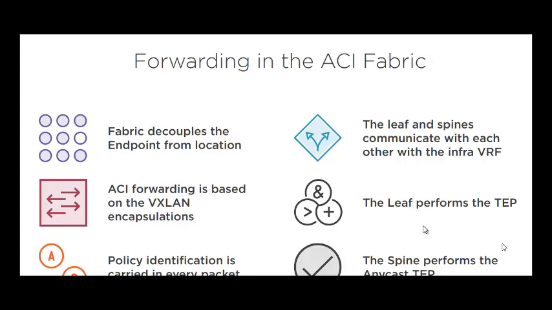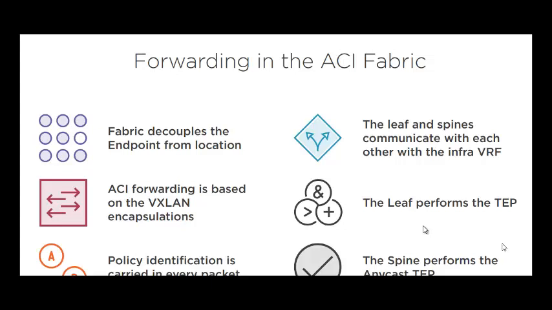Inside the ACI fabric, the packets are not switched based on your original source or destination MAC address and IP address. It is all based on the identification provided by ACI, like the tunnel endpoint address, the VNIs, the multicast address.